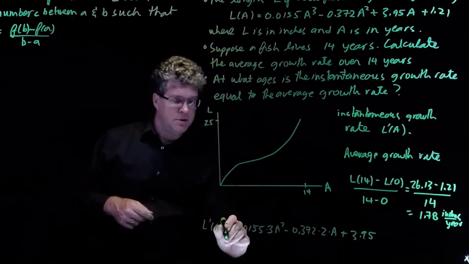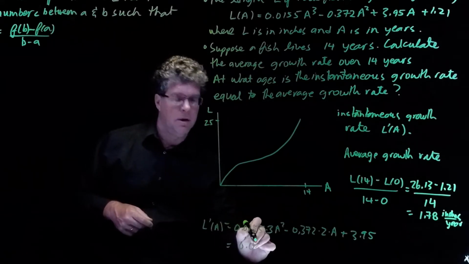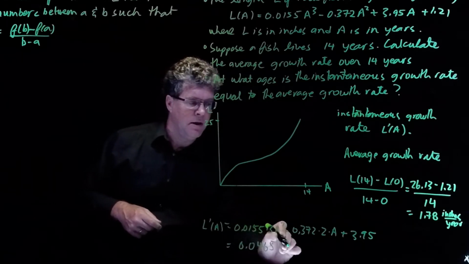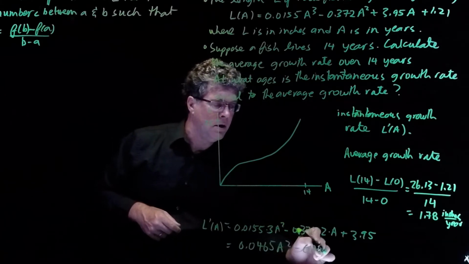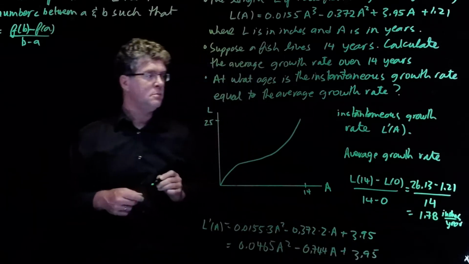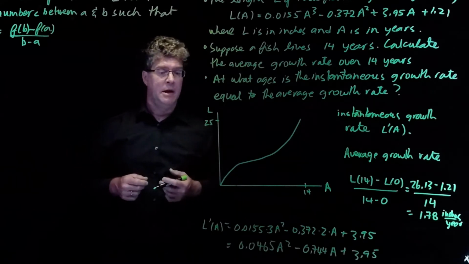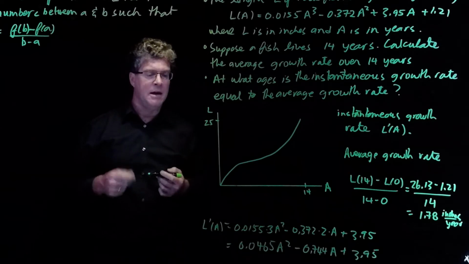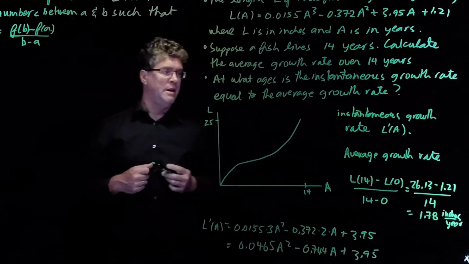If we work out each of the terms, this comes out to 0.0465 a squared minus 0.744 a plus 3.95. We need some value of A such that L prime of A is equal to 1.78.